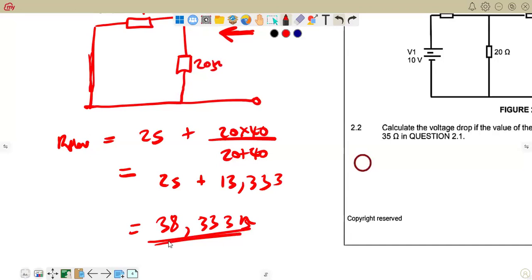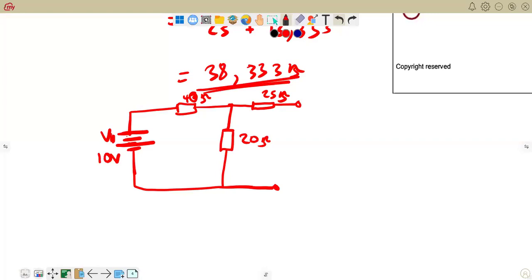So we now want to calculate ITH. In calculating ITH, we will have a circuit of this nature. This is the circuit we are now having. We have brought back our source, but when current flows now, since we have removed the load resistor here, there is no current that will go through this path.